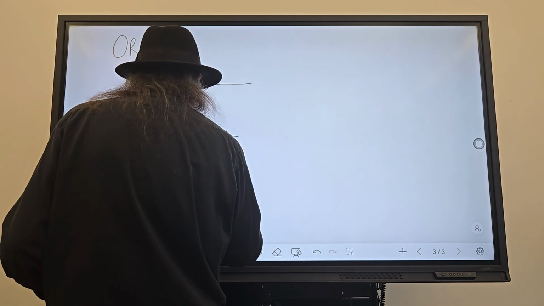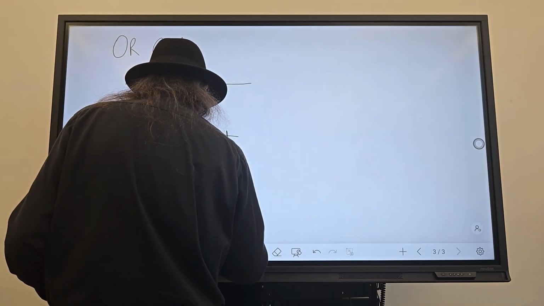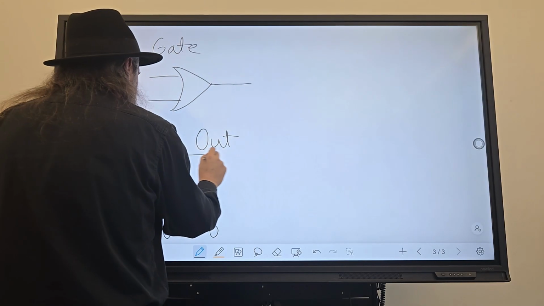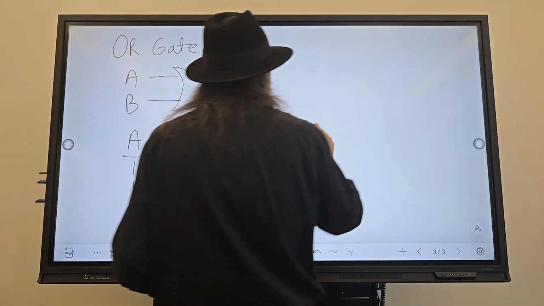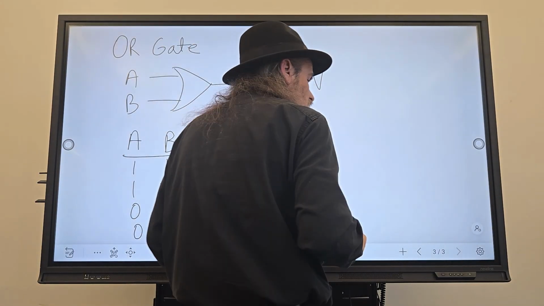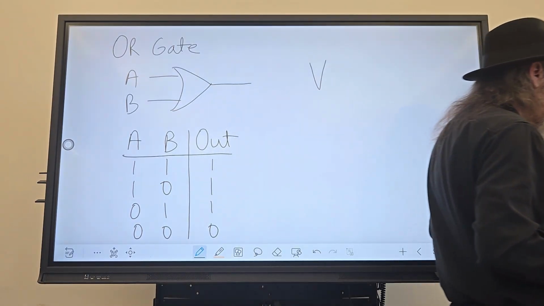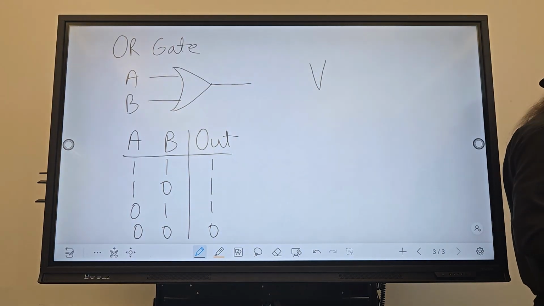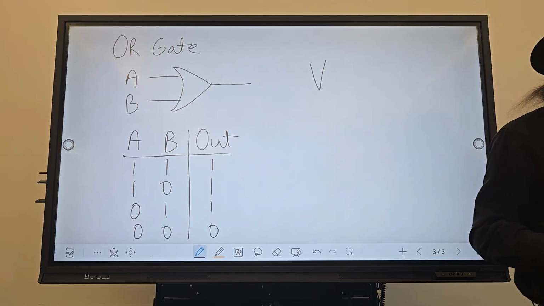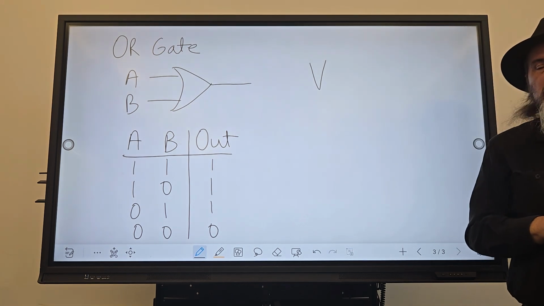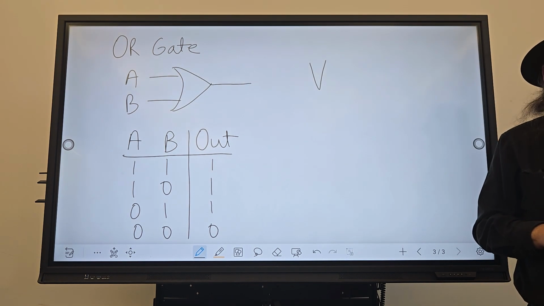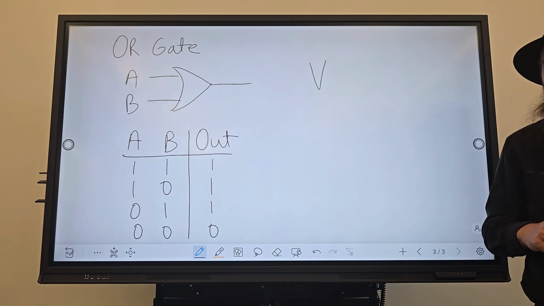And that for a truth table. And that is corresponding to the OR symbol. 2 or more inputs with 1 output. If any of the inputs are 1, then the output is 1. If all the inputs are 0, then the output is 0. Using those 3 gates, you can implement any logic circuit that you want in some combination of the above gates.